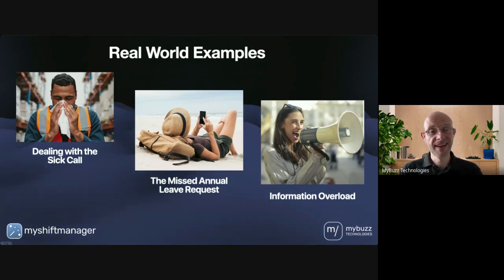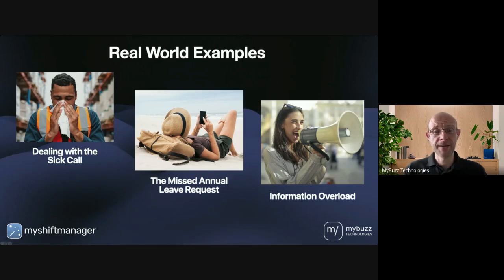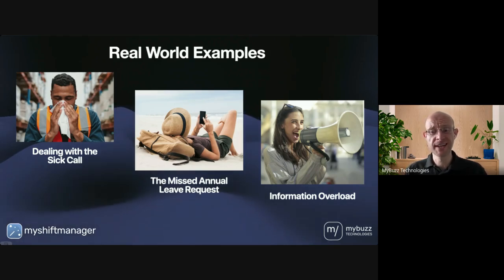The second case was the missed annual leave request. Now this was related to a guy I'll call Dave. He worked in a small team within a much larger organisation, a very big, well-known organisation.